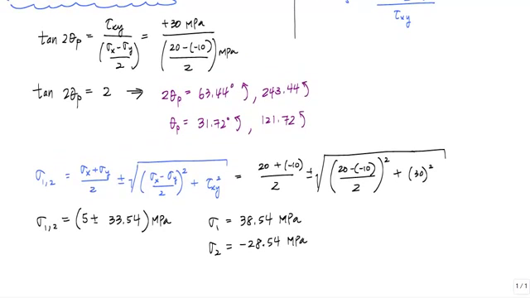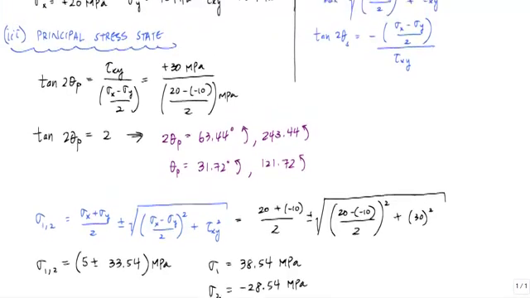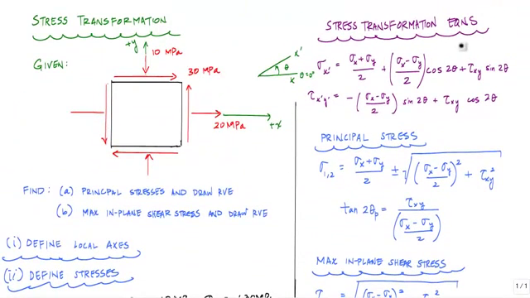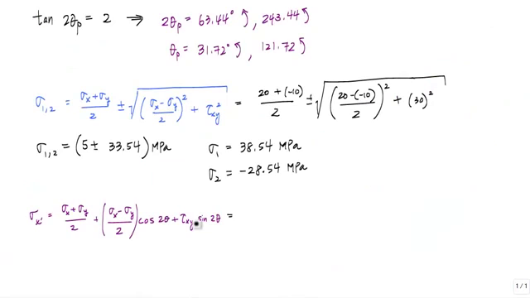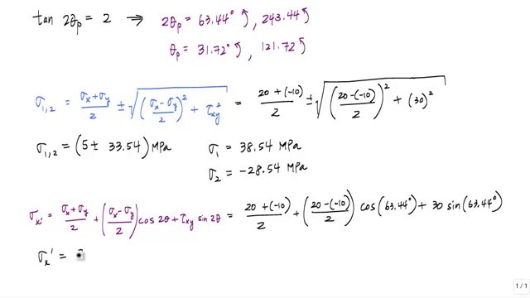Here are the angles, and there's only one last thing to do, and that is figure out which angle goes with which stress. To do that, I'm going to go back to this equation here and plug in one of the angles and see what principal stress I get. If I plug and chug with 31.72 degrees, 2 times 31.72 is 63.44, and when I calculate, I get 38.54 MPa, which tells me that this 31.72 degrees is associated with sigma 1.